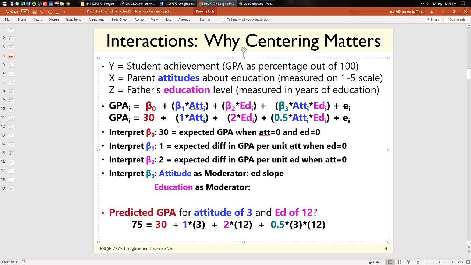All interactions fall into one of four kinds, and you've already learned them: more positive, less positive, more negative, or less negative. We take the main effect we're starting with, the education slope, which is positive, and it becomes more positive, because this is a positive interaction coefficient, by 0.05 per level of attitude. So the education slope is more positive by 0.05 times attitude.